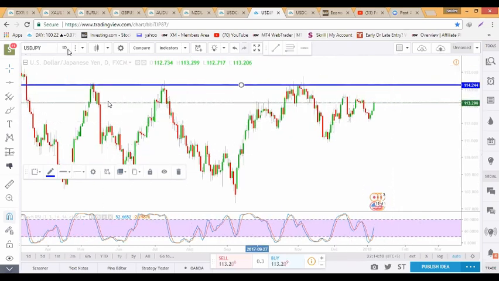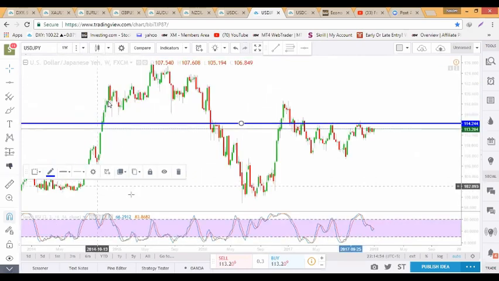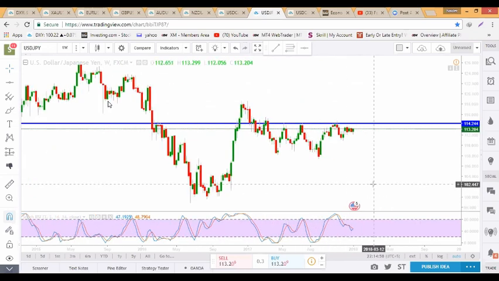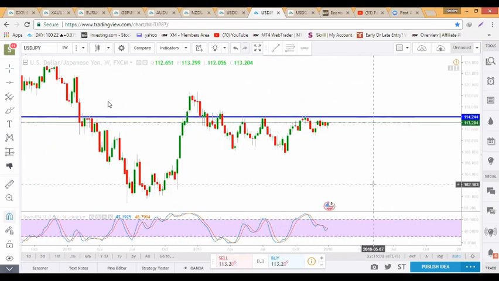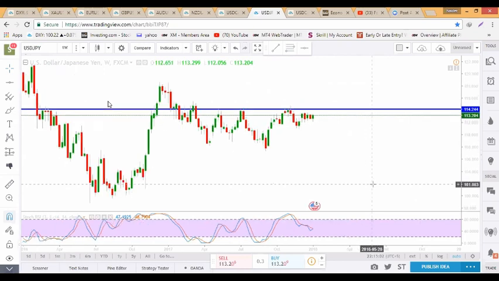I think it's going to be trading within the week between 115 and 113. If we look at the weekly chart, the market is just moving sideways, so anything is possible actually.